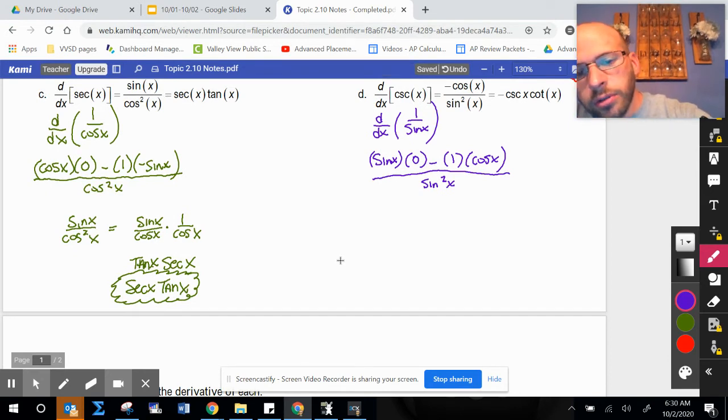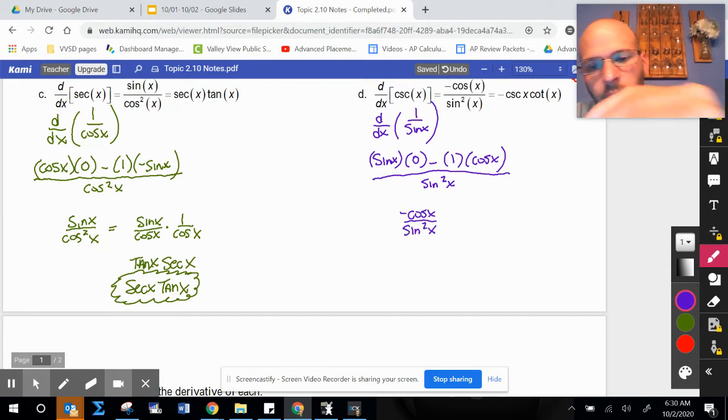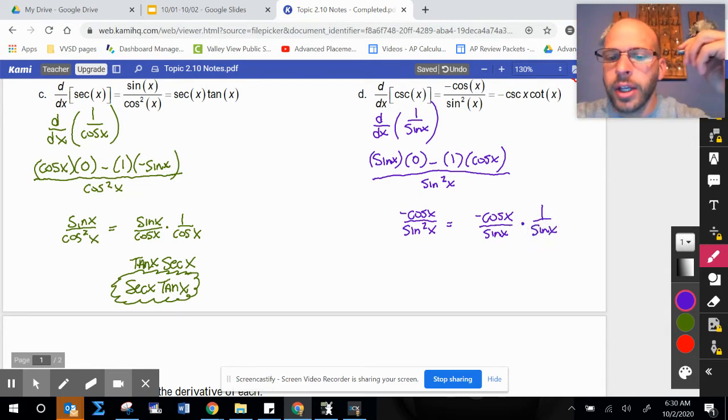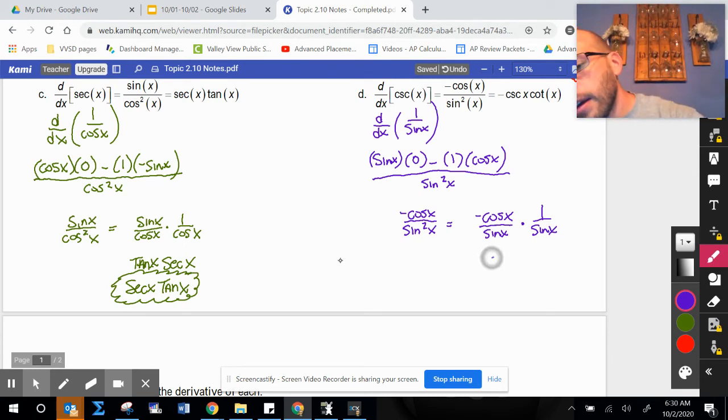Sine times 0 is 0, so I'm just going to get a negative cosine of x all over sine squared of x. I'm going to separate that into a negative cosine x over sine x times 1 over sine x. So I just separated the fraction into a product of two things. So I have a negative cotangent of x times cosecant of x.